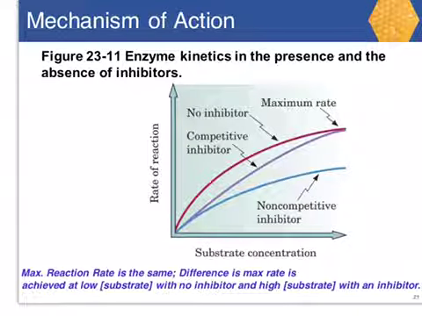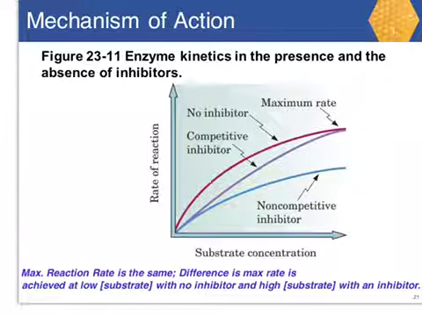This probably isn't as important as some of the other stuff I've mentioned, but I'm just showing you the difference between how the rate of reaction changes based on whether you have a competitive inhibitor, a non-competitive inhibitor, or no inhibitor. In looking at the purple and red line, which is your inhibitor versus competitive inhibitor, you can see that the maximum rate is still achieved.